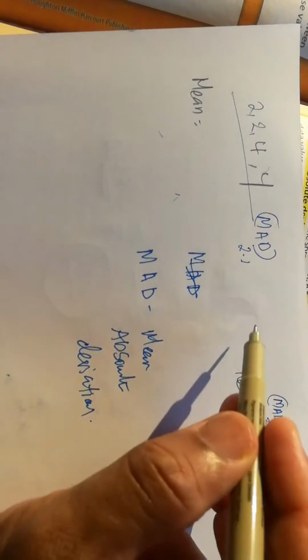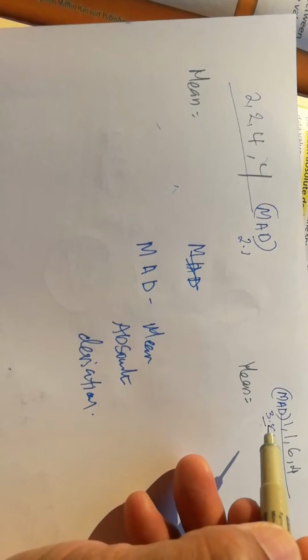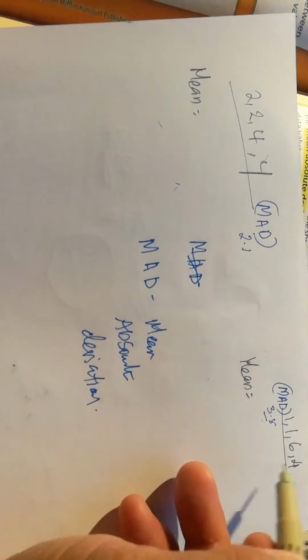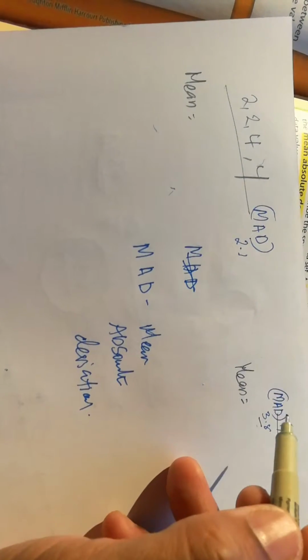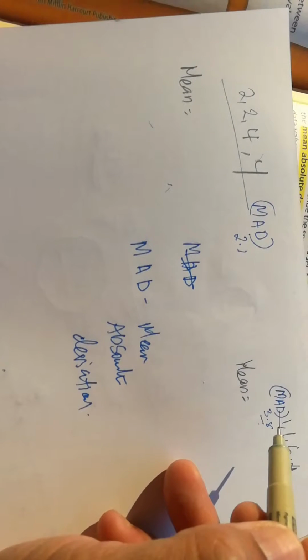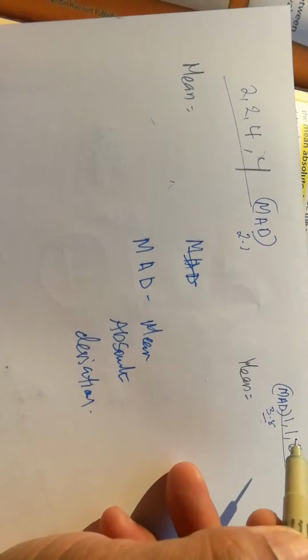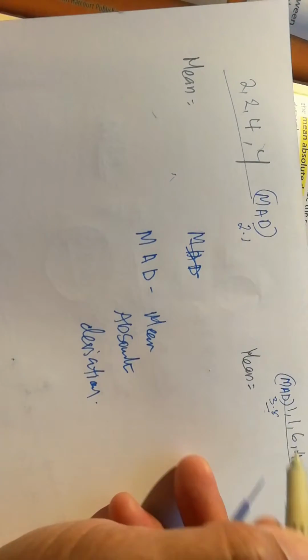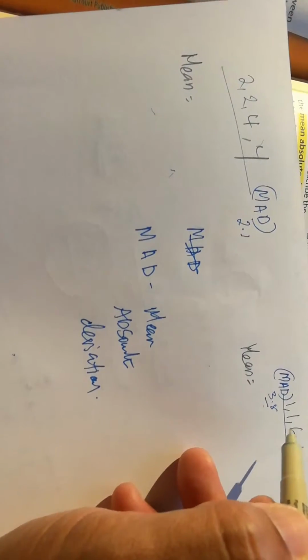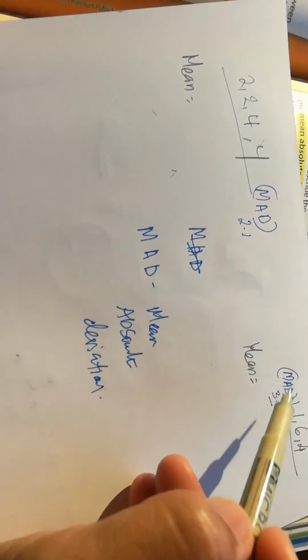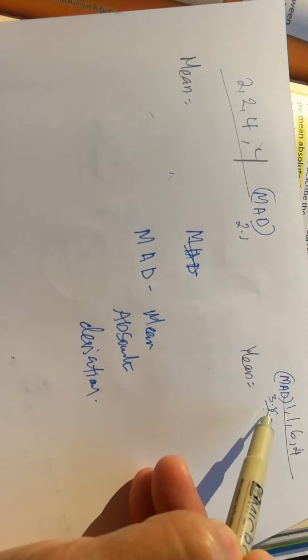What does this number indicate? This number basically indicates that this data set has values spread off from the mean, or the spread is much more in this case when compared to the other, because the MAD value is higher.